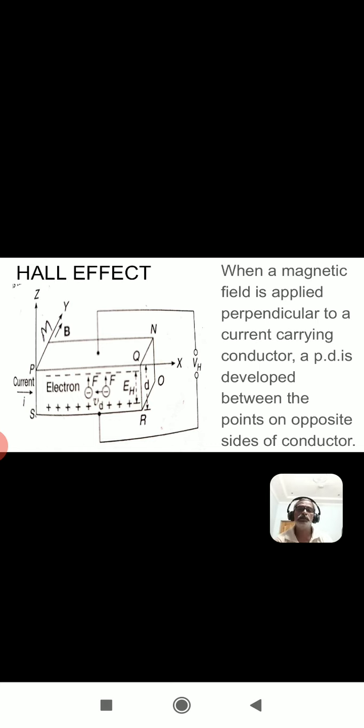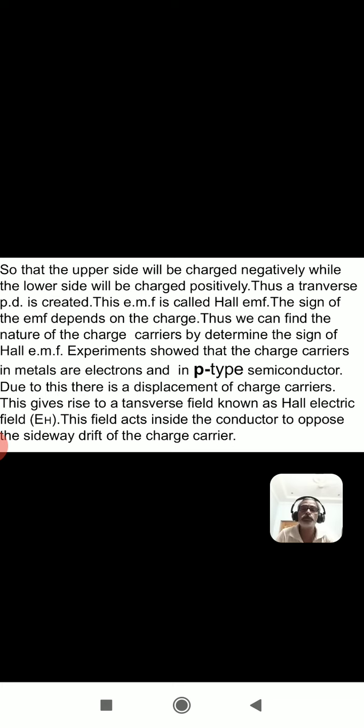If they are holes, they move in the downward direction. Charges are accumulated on the surfaces P and Q, so that the upper side will be charged negatively while the lower side will be charged positively. Thus, a transverse potential is created.